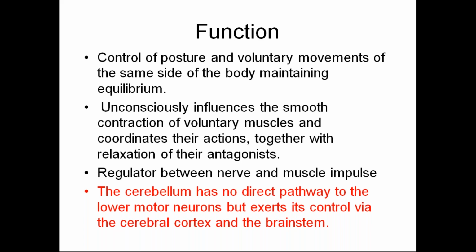Cerebellum has no direct pathway to the lower motor neuron, and it is getting influenced by the cerebral cortex and brainstem. So it's only inputs which are coming, it's a processor in between. The inputs coming from the higher centers and the brainstem come to the cerebellum, get interpreted, and then go down to the spinal cord by the pathways.